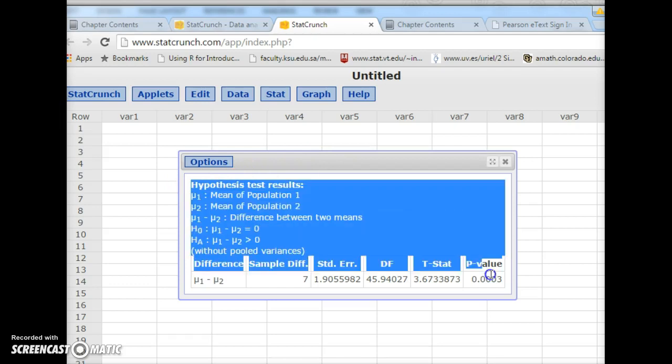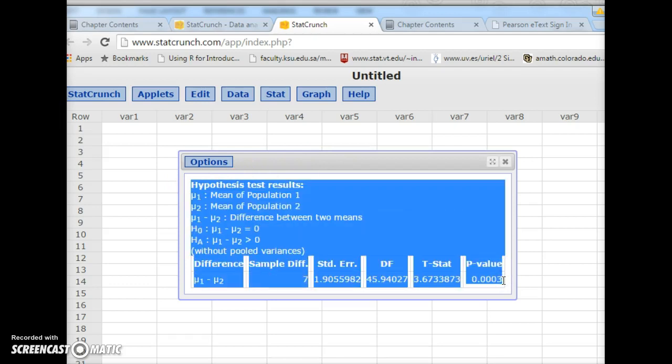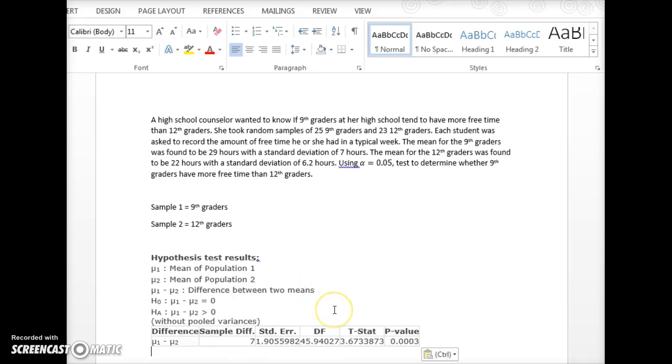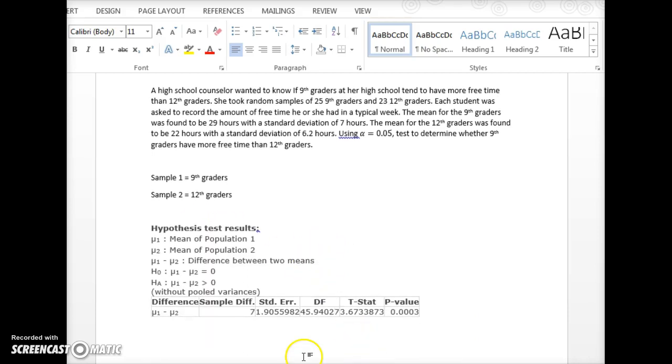So we copy this and we go over to the document. Paste it. And again, we're always given our hypotheses and our test statistic and then our p-value.